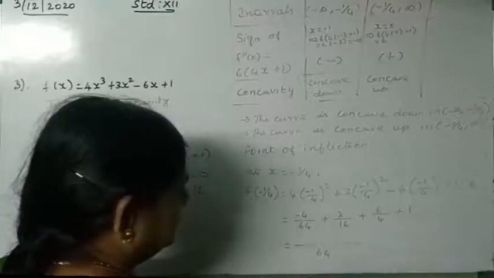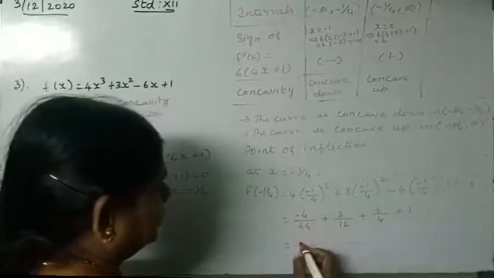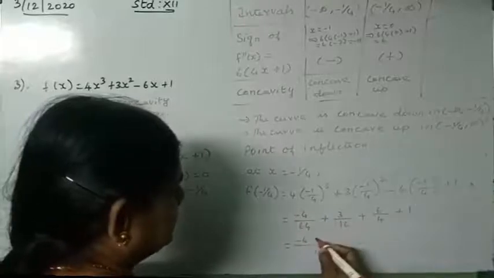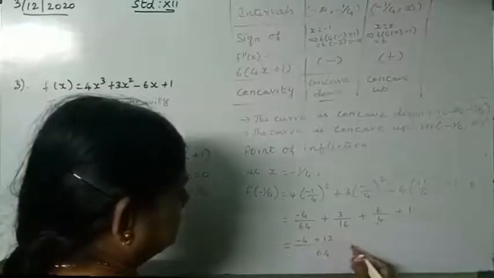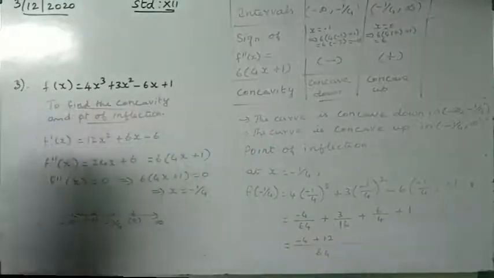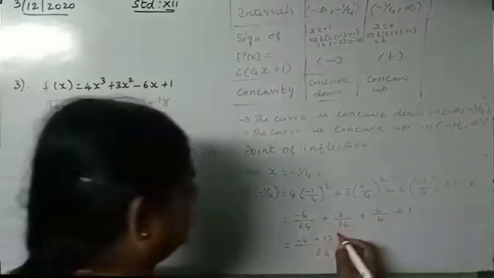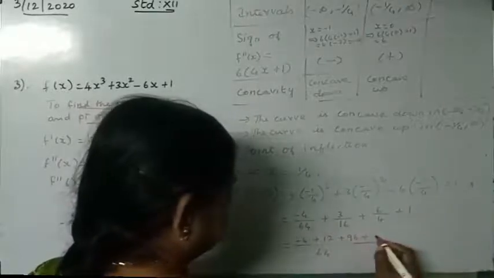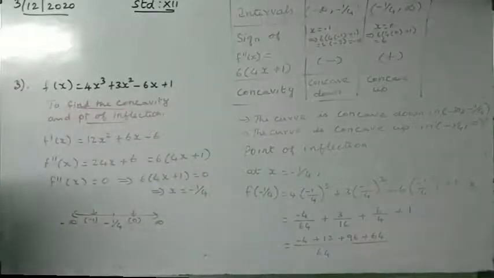Now take LCM, 64 as LCM. Now we got 64 here, so minus 4. 16 4s are 64, 4 3s are 12. 4 into 16, so 16 6s are 96, plus 96, plus 64.